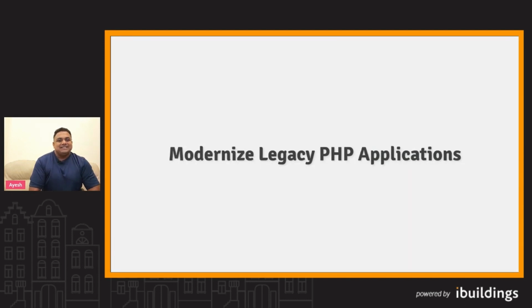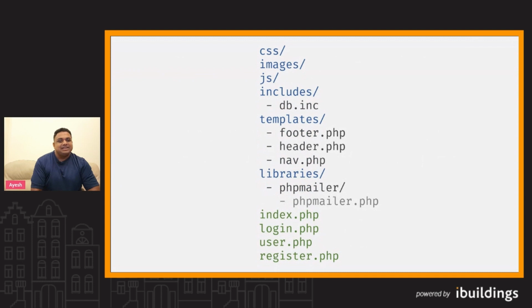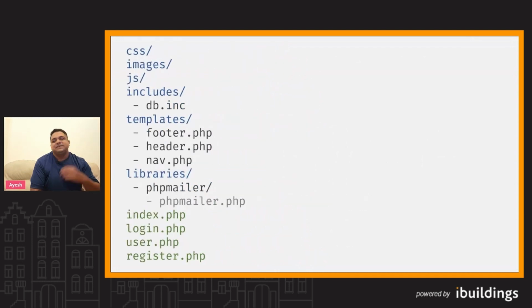Modernize legacy PHP applications, but what exactly is legacy PHP? If you have something that looks like this, it's probably legacy, with all of your static files jammed into the same folder. You probably have db.php or db.inc files that will create a database instance just by calling this PHP function.